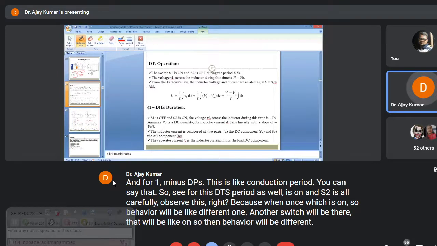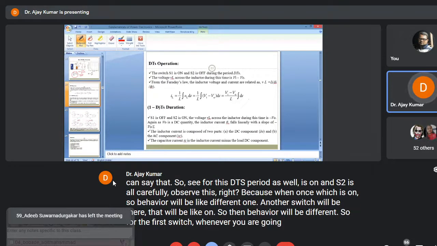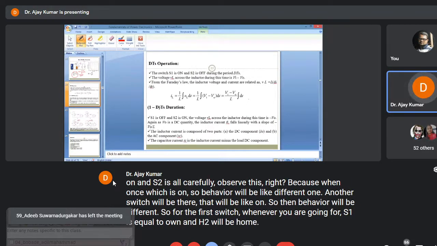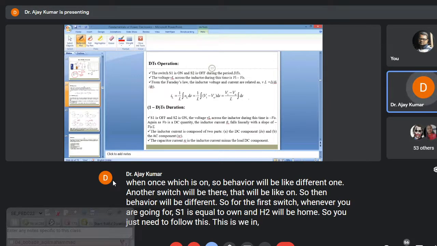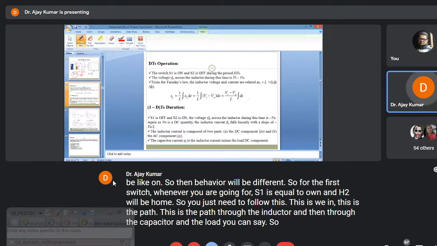For the first switch, S1 on and S2 off, you just need to follow this. This is Vin, and this is the path through the inductor, then through the capacitor and the load. So this will be your conduction.